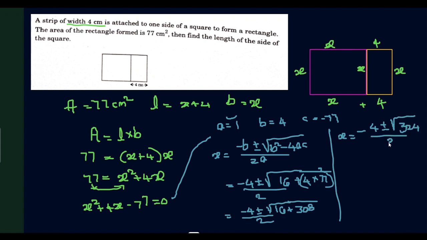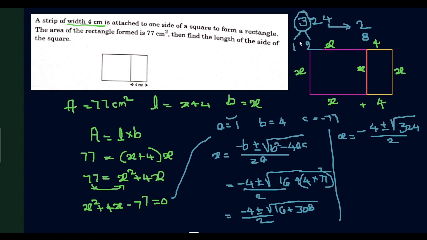under root 324, by 2. Now, what is the value of under root 324? Let's see. For 324, we have 4 in the unit digit, right? So for 4, there are two possibilities, either it is 2 or it is 8. 8 8s are 64, we get 4, and 2 2s are 4, there also we get 4. So the 3 can be written as the product of two consecutive numbers, 1 into 2.